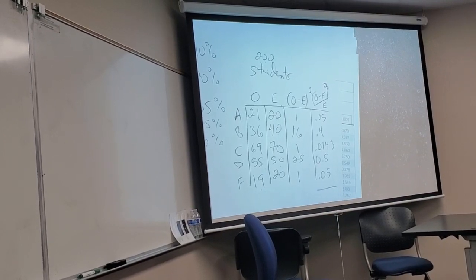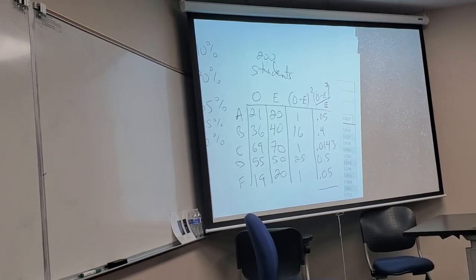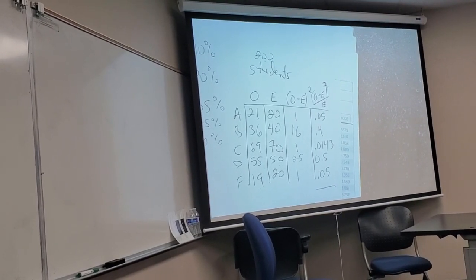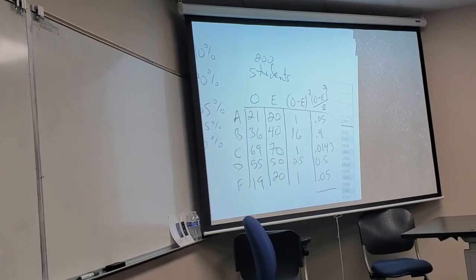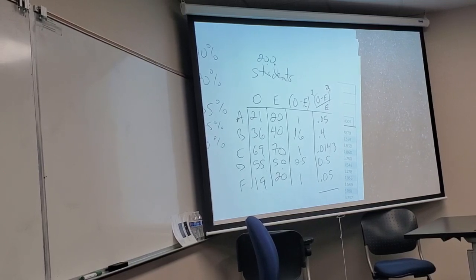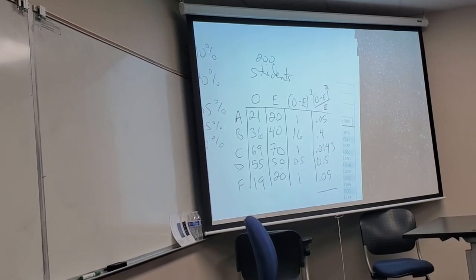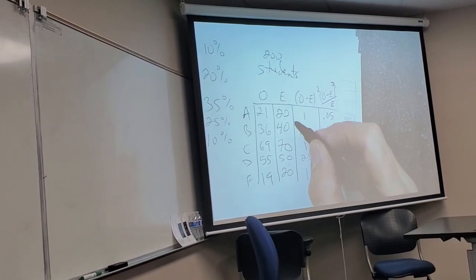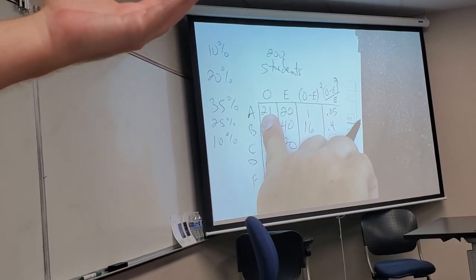Now, let me ask you this. If my prediction had been exactly the same as what we saw, what would I be getting everywhere? Everything would be 0, right? Everything would have been 0 if my predictions had been exactly the same as what we actually saw.